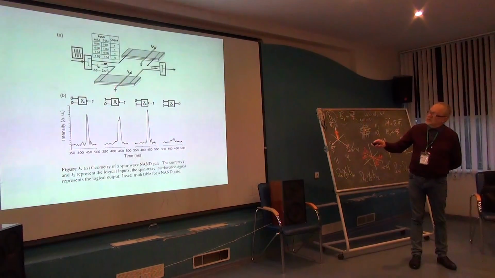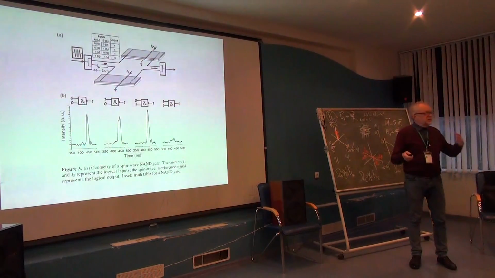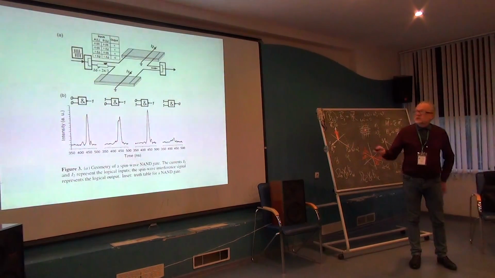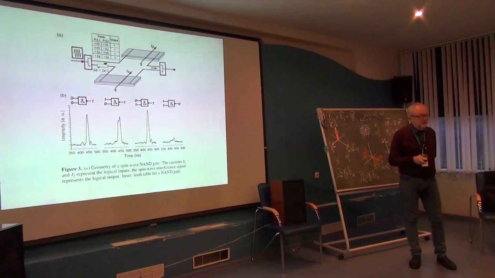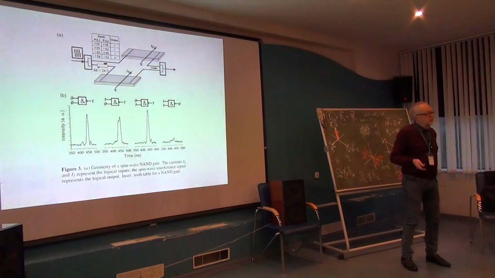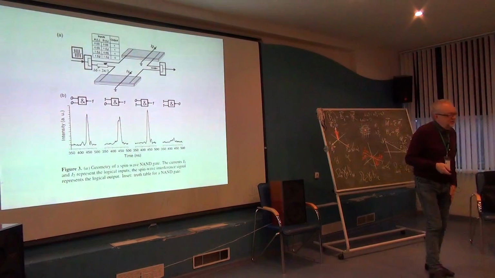In addition, there is some additional current which can close the flow of magnons. If we have no current in these gates, then we have the full signal here. If we have one current still there, then we still have the signal here. And only if we have current on both sides, then we have no signal here. So this is some kind of logic. These are just examples which are not important for my presentation.